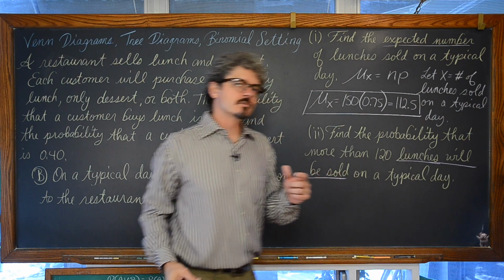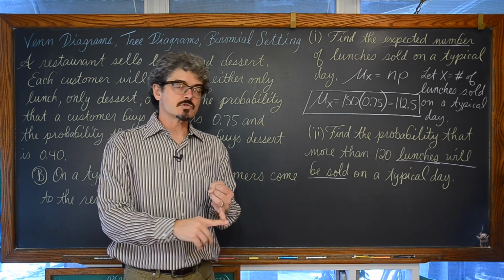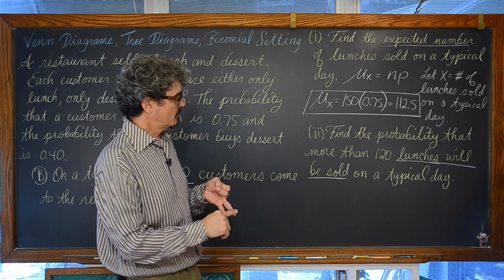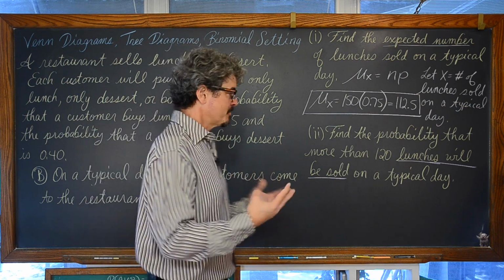So this question is really only about, did a lunch sell or not? Well, that's only two outcomes. And I'm kind of out of space here, so I'll just verbalize this.